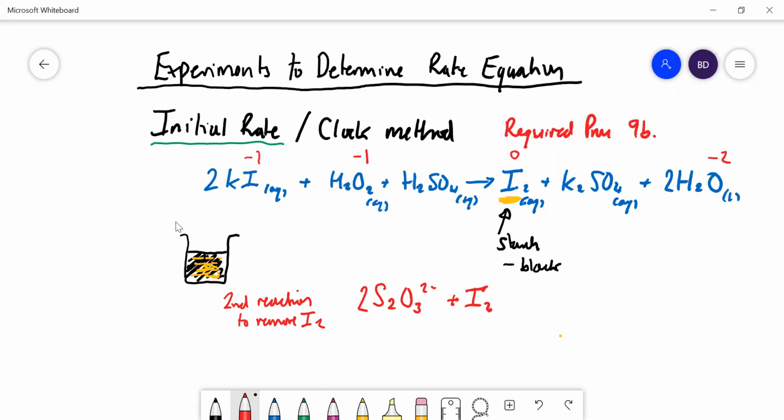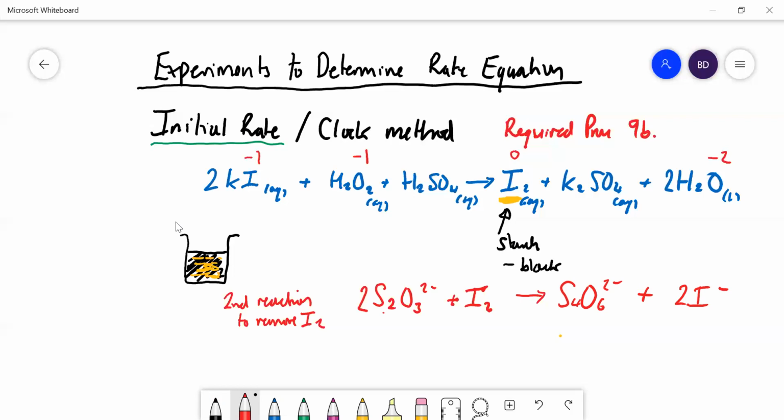Thiosulfate is a reducing agent, it reduces it back to 2I-, and you get S4O6 2- produced there. Okay, so we're going to use this reaction. So in every single reaction vessel, we're going to add a little bit of thiosulfate just to chew up the first bit of iodine that is produced.